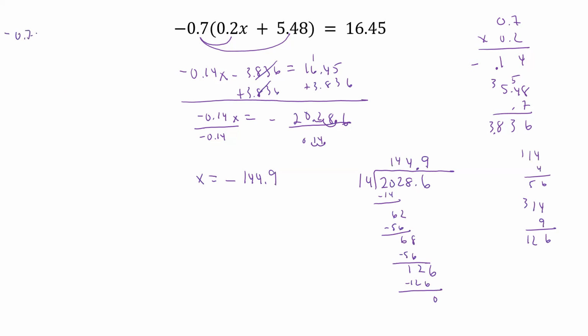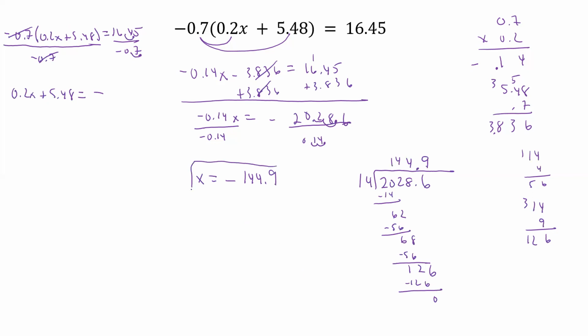Okay. Now, the other way I could have done it is if I had negative 0.7 times 0.2x plus 5.48 equals 16.45, I could first off divide both sides by a negative 0.7. Now that's going to cancel that, so that's just 1. So I get 0.2x plus 5.48 equals, and now I'm going to have a negative. When I divide that, I have to remember I can't divide those decimals, so move over one here and one here.